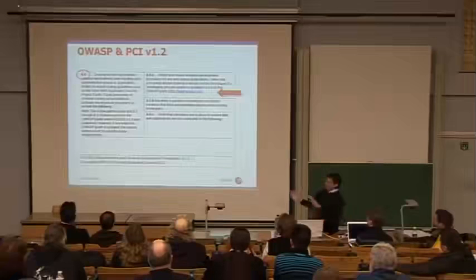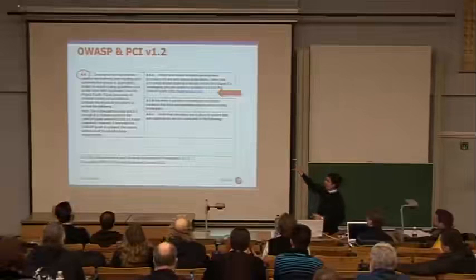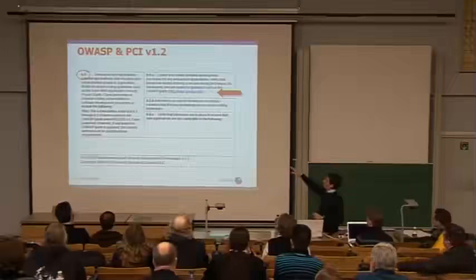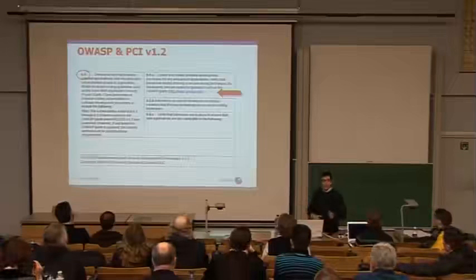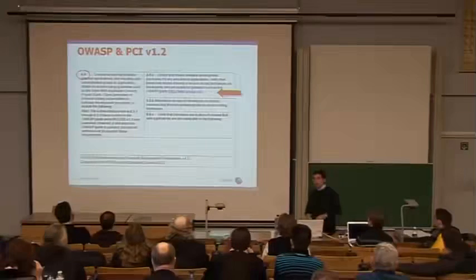Just a flash about the PCI standard and OWASP. You can see that at control 6.5, the PCI standard tells you to use the OWASP standard inside your application when you are collecting information such as credit card numbers.